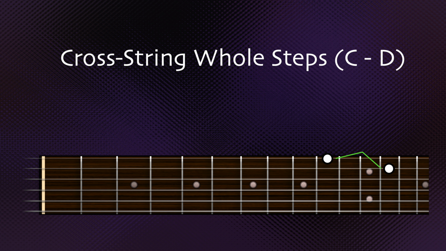And so we get this shape that's a bit of a reach, but it's true for every cross string whole step, other than the ones on the 3rd and 2nd string, which look a little easier to reach actually.